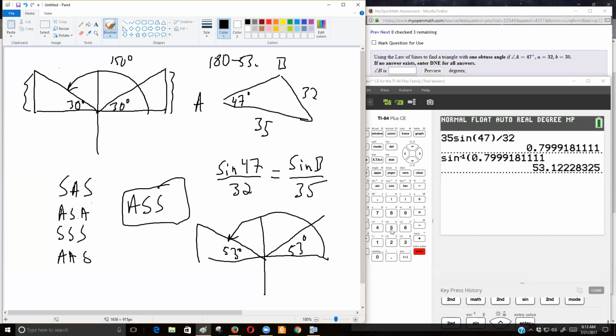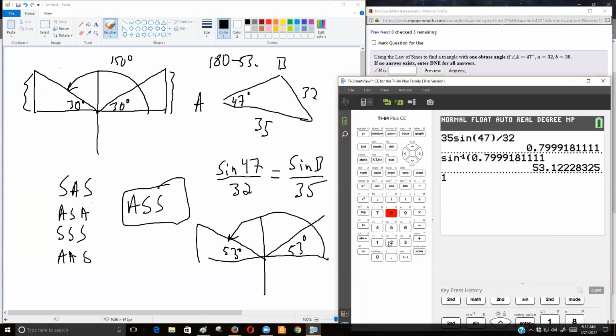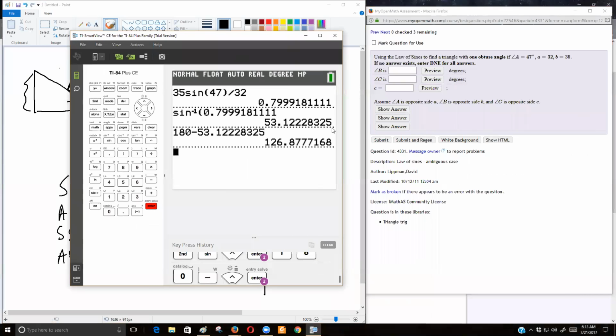So 180 minus my answer. That's 126 point, let's see, how many decimal places are they looking for? One obtuse angle.